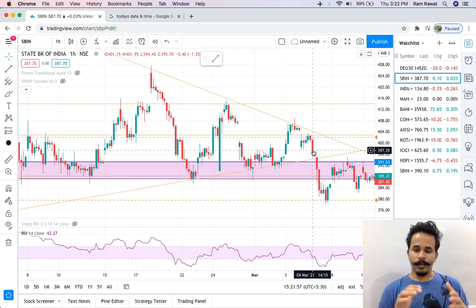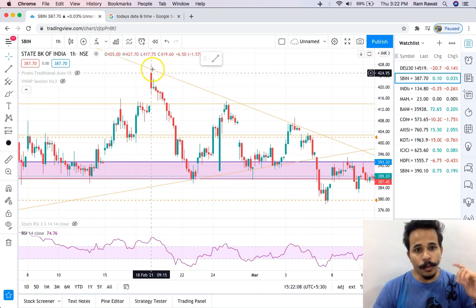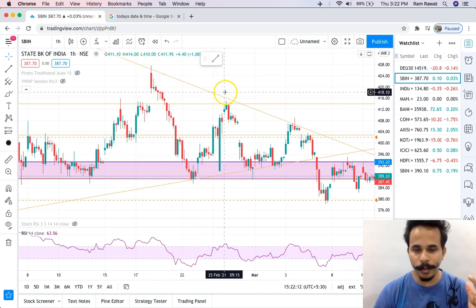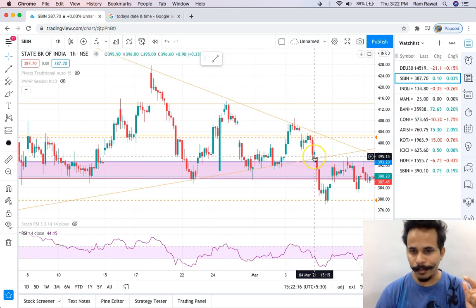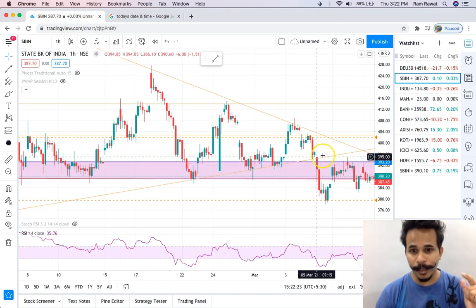But I'm a guy who is understanding the math, and I'm just trying to predict things based on the mathematical behavior of the stock. So if you see here, the stock went up, got the resistance, came down, went up, got the resistance, came down, went up, got the resistance, came down, and there was a consistent support trend line over here.